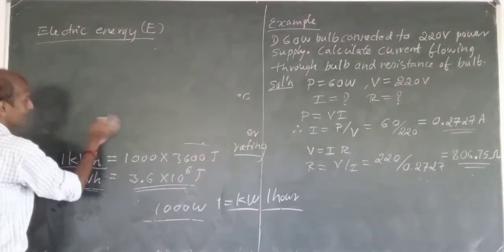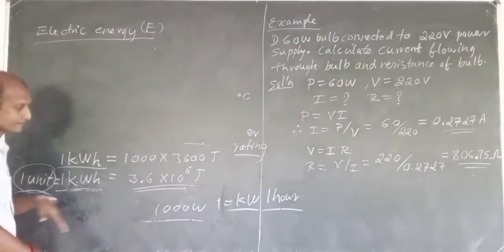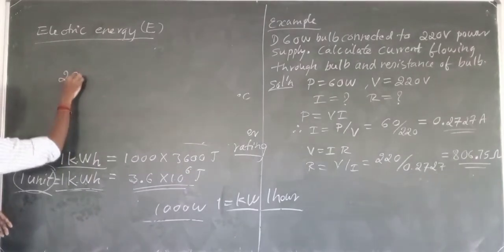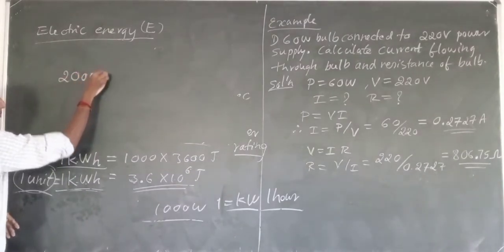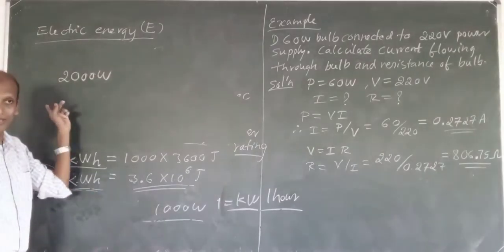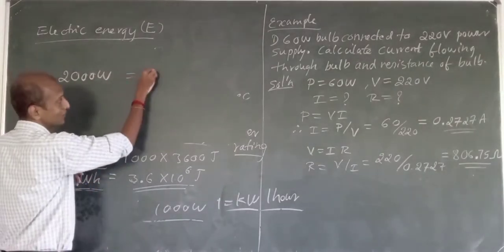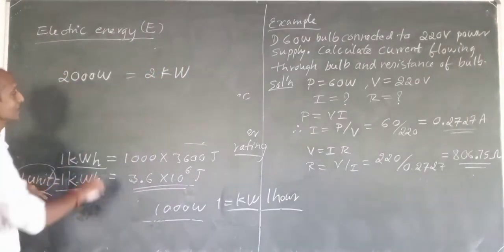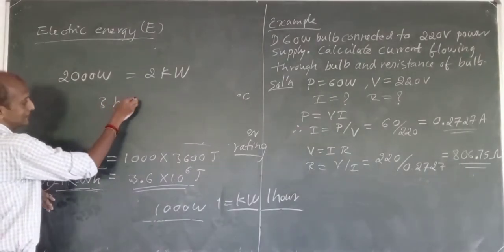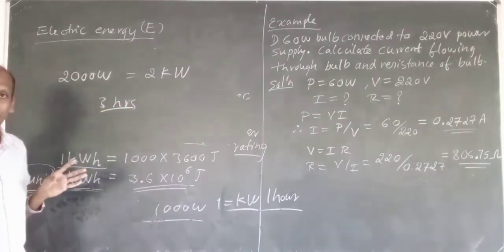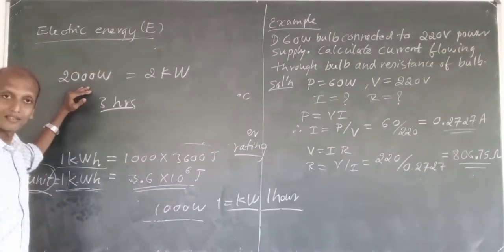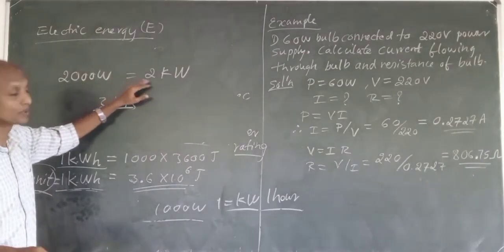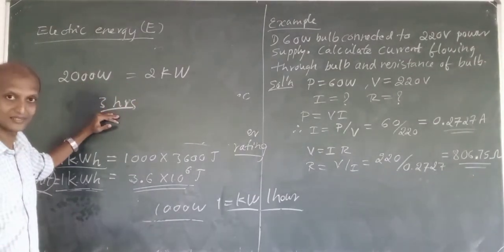For example, let us take an appliance of 2000 watts. That is equal to 2 kilowatts, and it is operated for 3 hours.